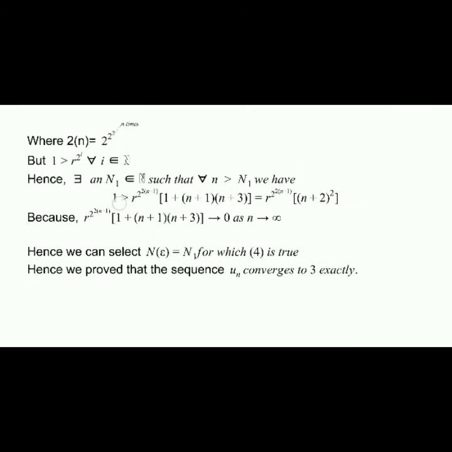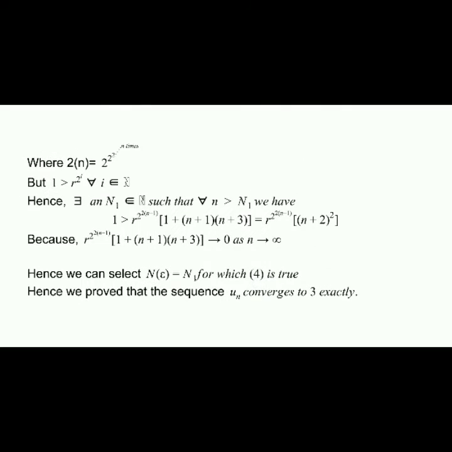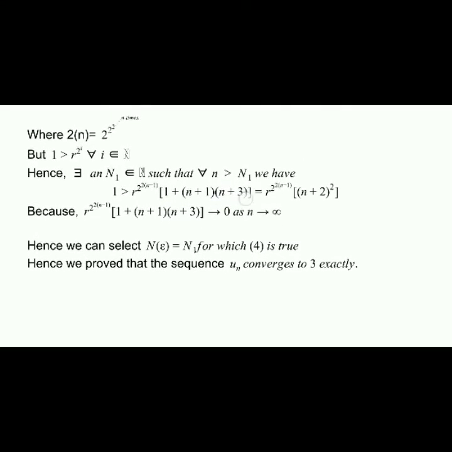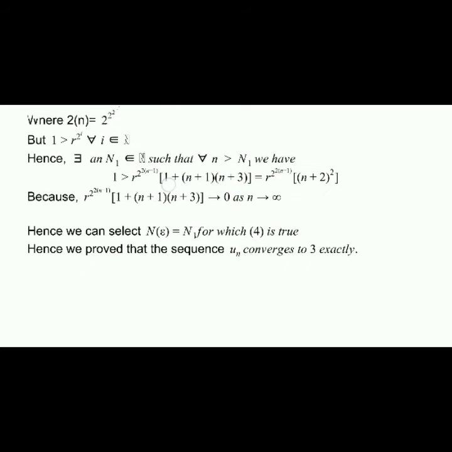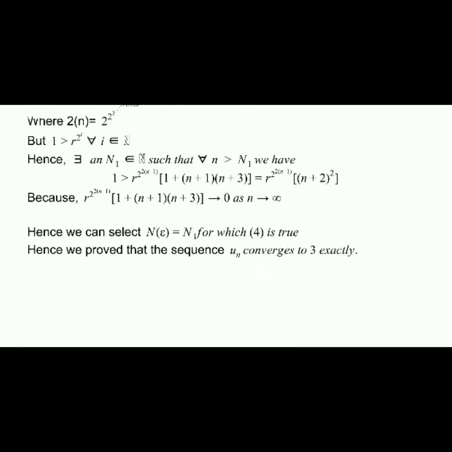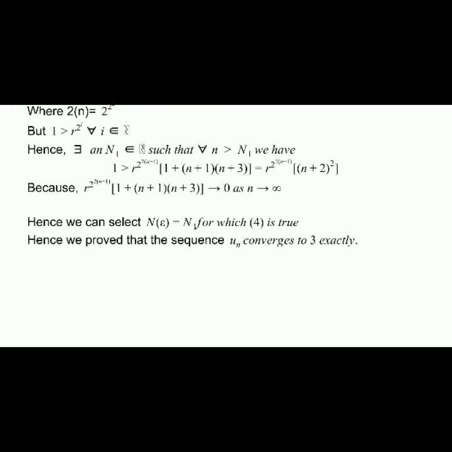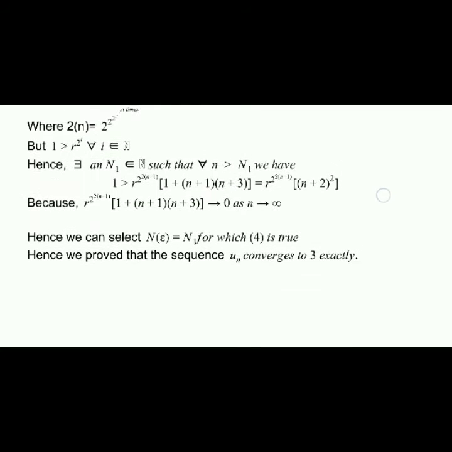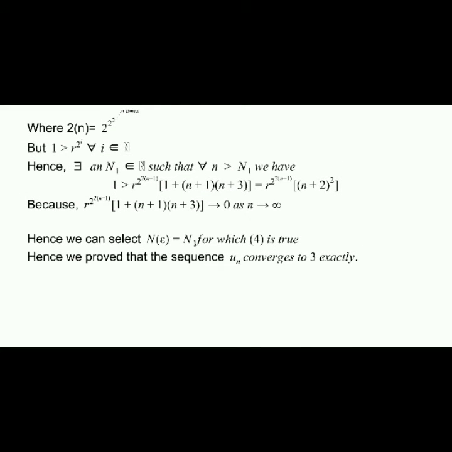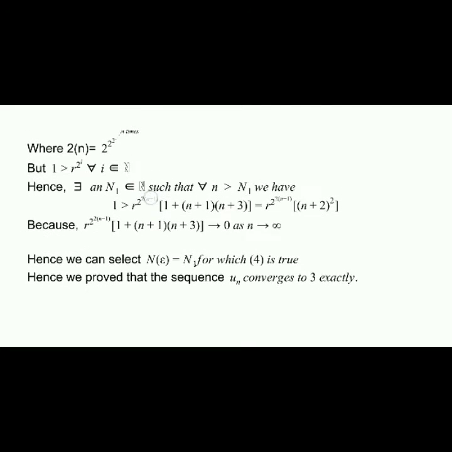Why is this so? Because this number will be some finite number, but when n tends to infinity, this number will tend to 0.